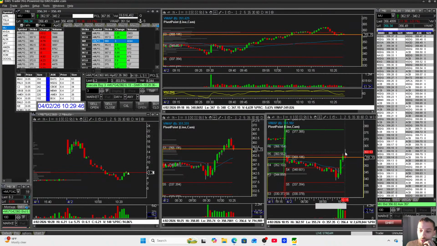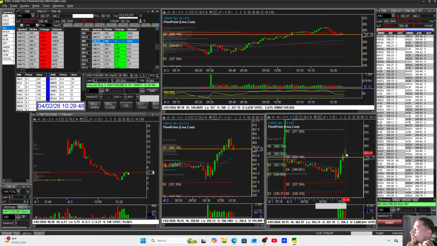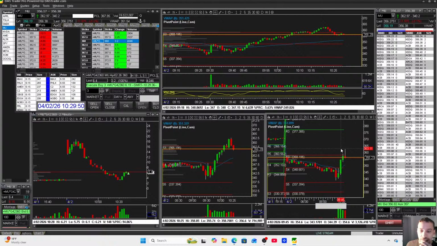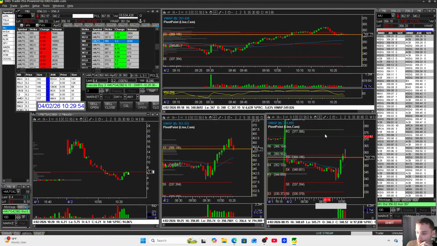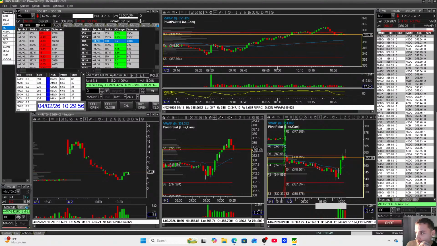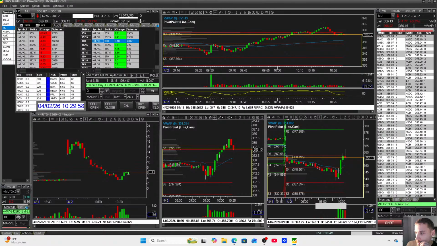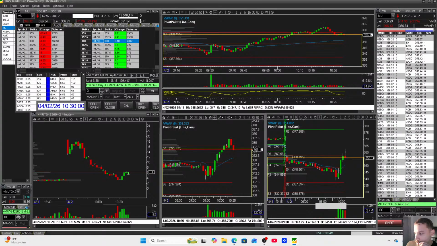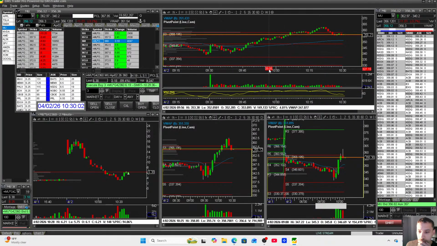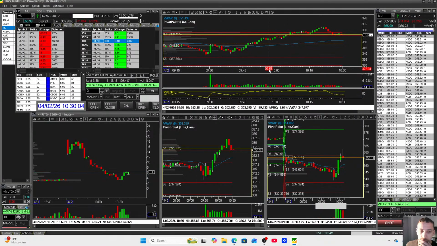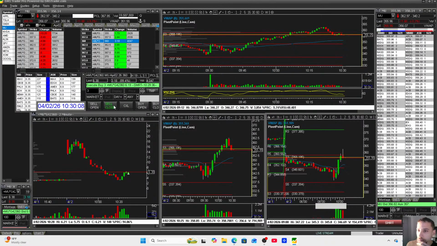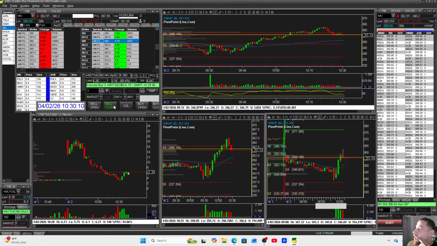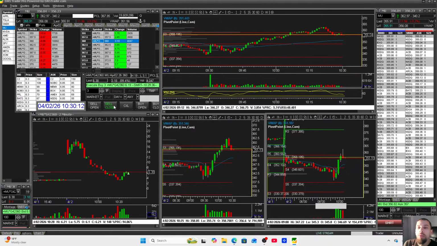I like this 15-minute candle. See if we pull back here. Still in Apple.